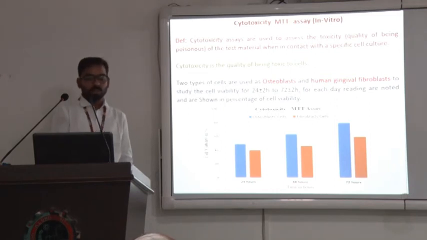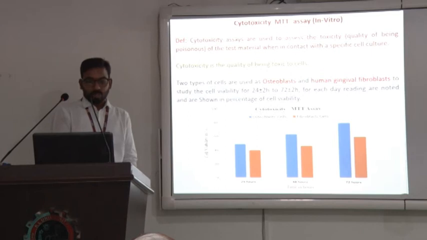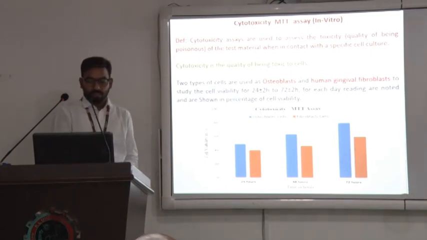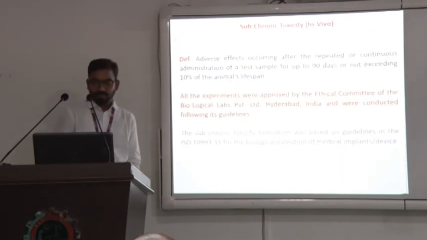It shows that osteoblast cells are more familiar and give more cell life for 24 hours, 48 hours, and 7 days. Osteoblast cells show more viability compared to fibroblast cells.